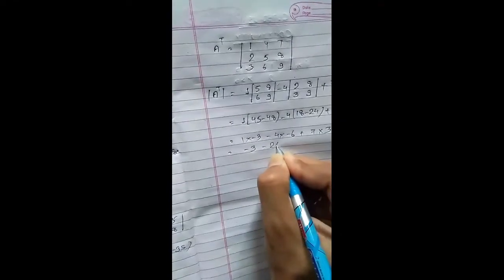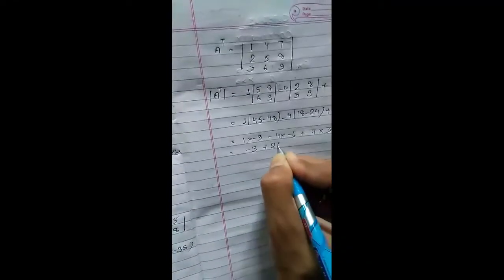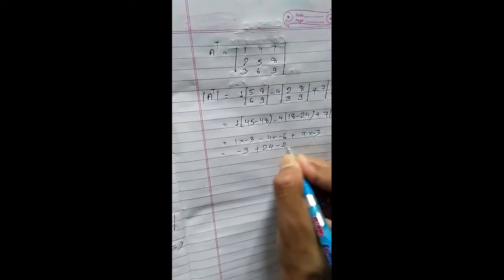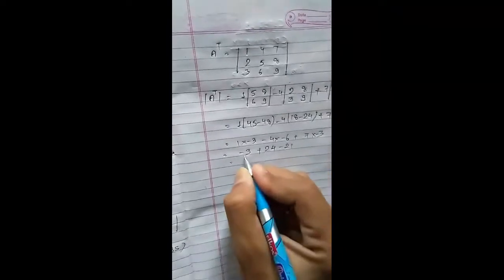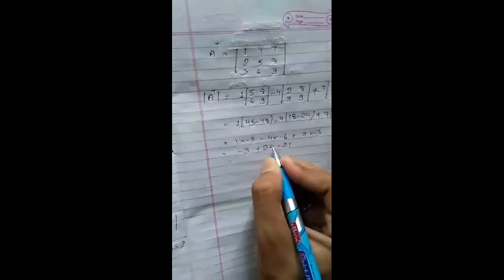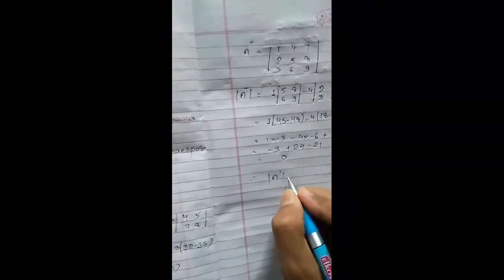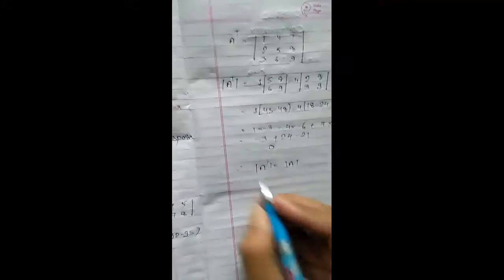So minus 3 plus 24, and minus 21, that is minus 3 plus 24 minus 24 plus 24, equal to 0. So the first property is what? The determinant of A transpose is equal to the determinant of A. That is the first property.